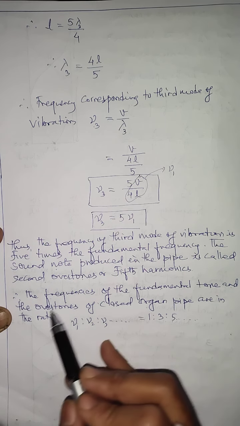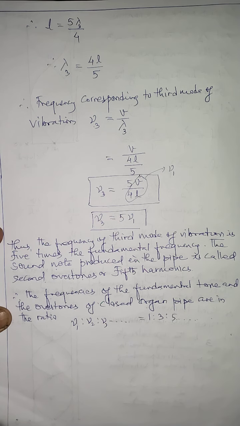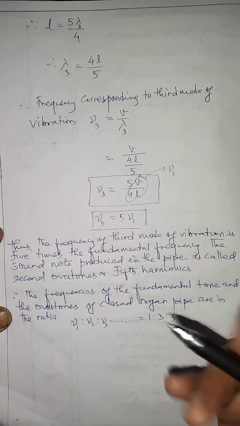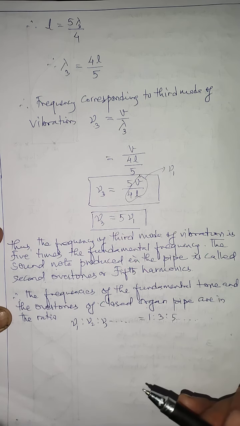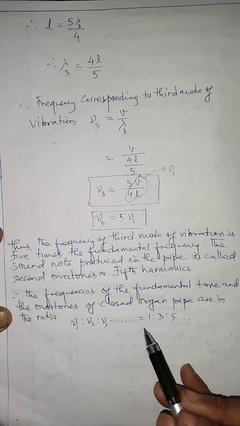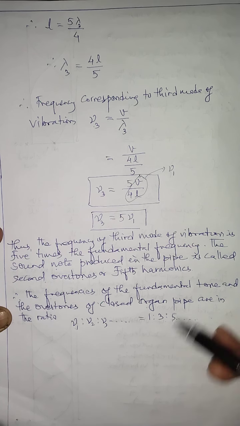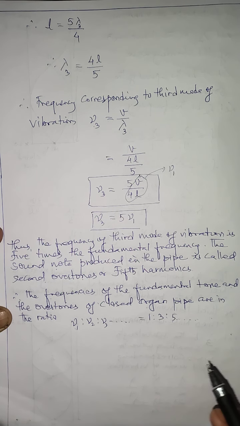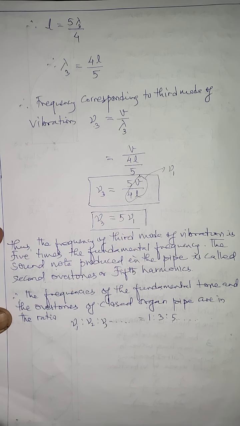That means in a closed organ pipe, the higher modes of vibration take place at odd multiples of the fundamental frequency. Odd multiple means like 1, 3, 5. The next mode will be 7 and on. That means a closed organ pipe always produces sound of frequency at odd harmonics.